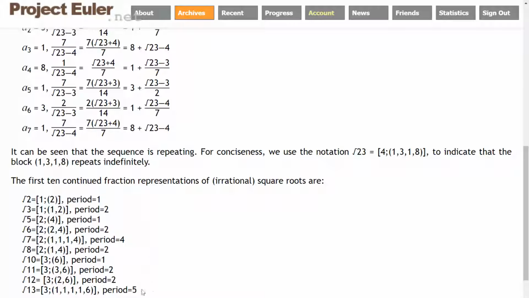How long is the continued fraction period? Is there some number, 5,100 something, that has a period long enough that our precision is not enough because it has so many periods?